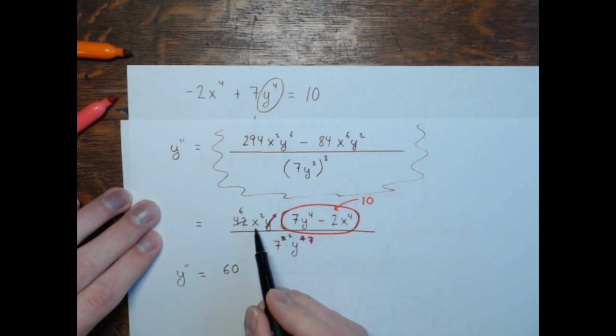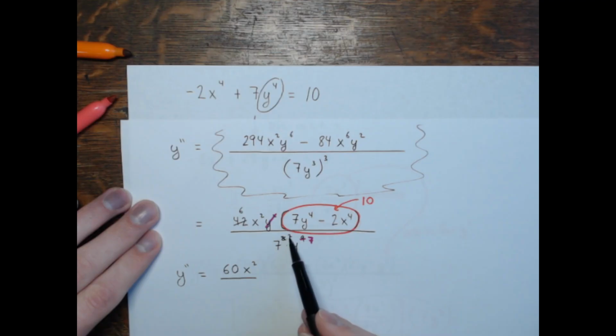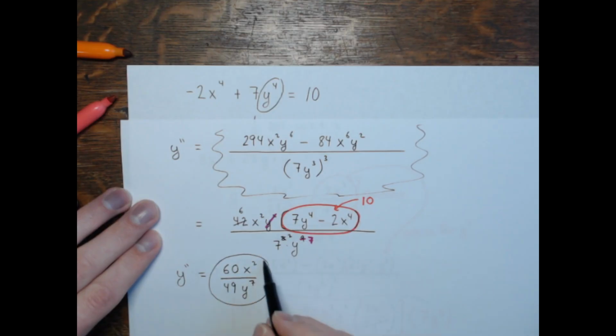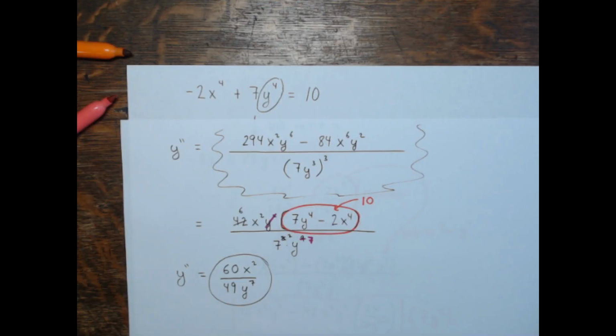And then there's still this x squared in the numerator, so 60x squared divided by, and then 7 squared, so 49, and then y to the seventh down here. Right? So this is as simple as that's going to get for the expression that tells me the second derivative at any point on this curve.